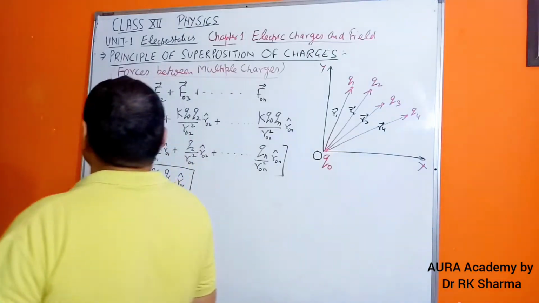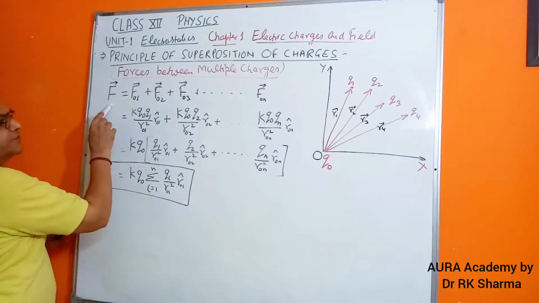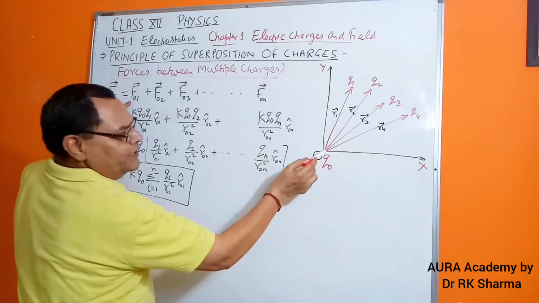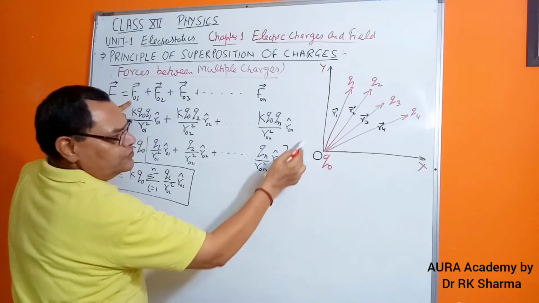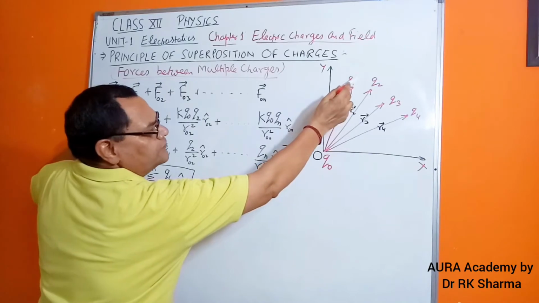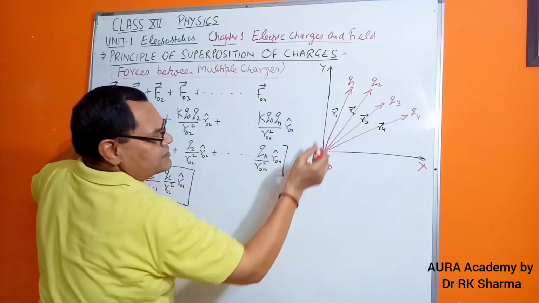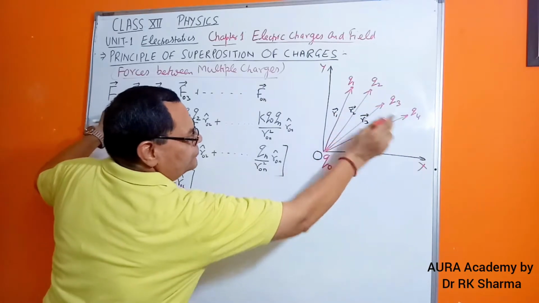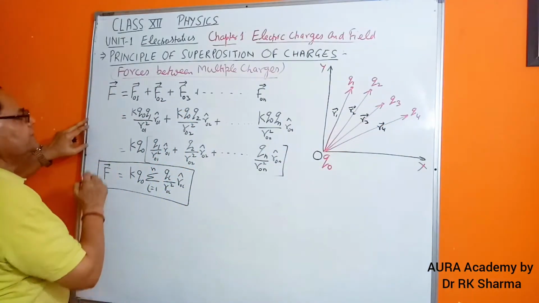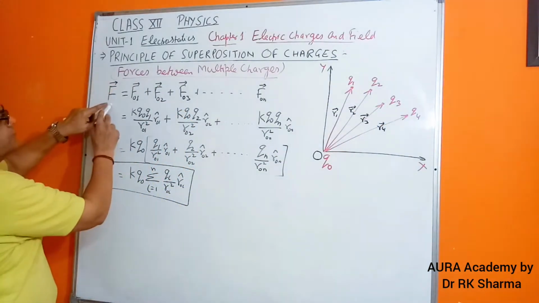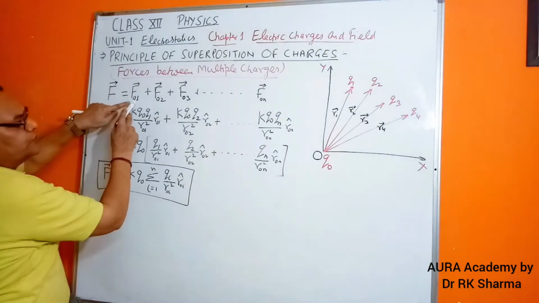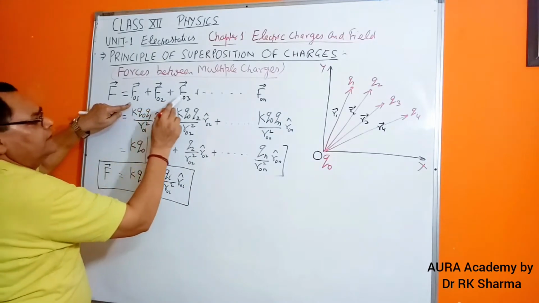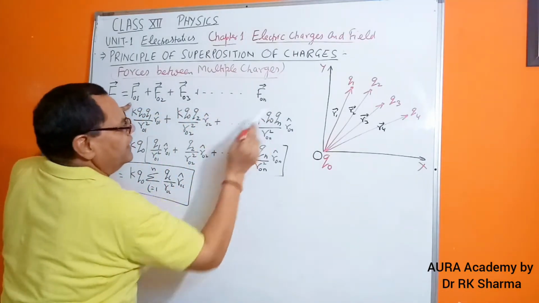Meaning, the total force F will be equal to the force between the point charge where we are calculating the total force and the first point charge q1, similarly between q0 and q2, then q3 and q4. So the total force F is the sum of the forces of the first pair of charges, the second pair, the third pair, and so on till n.